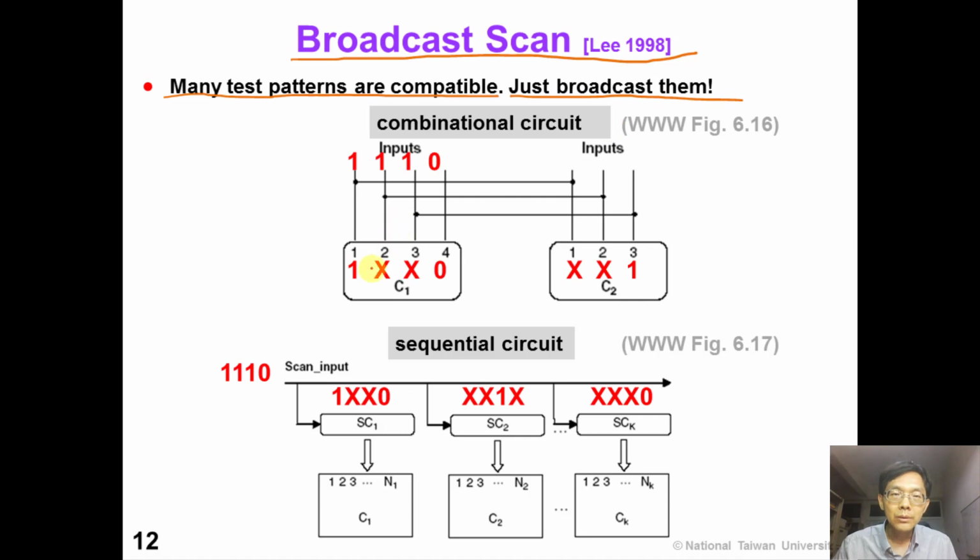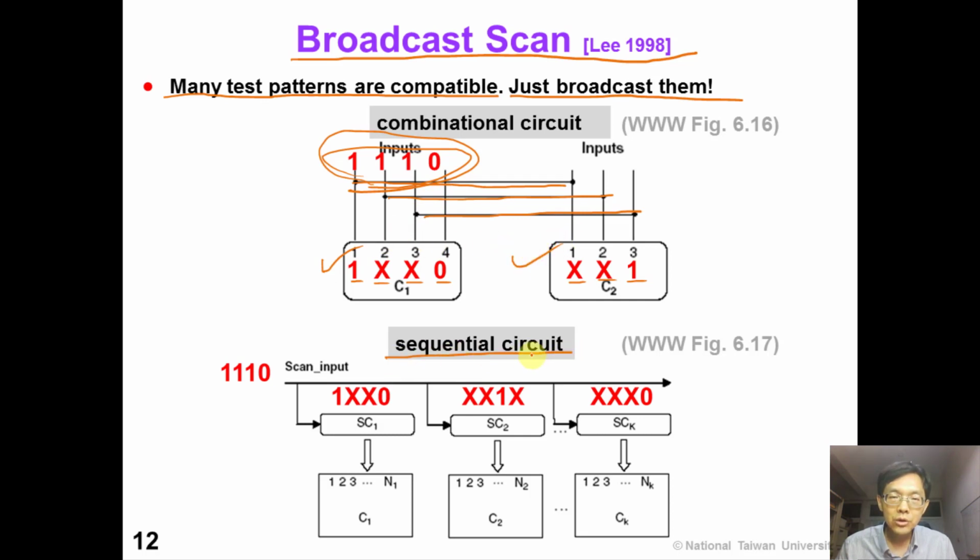For example, for these 2 combinational circuits, circuit C1 needs test pattern 1 don't care 0, and the circuit C2 needs don't care 1. These 2 test patterns are actually compatible, so we can tie them together in test mode and apply one pattern 1110. In this way, we can test both circuits.